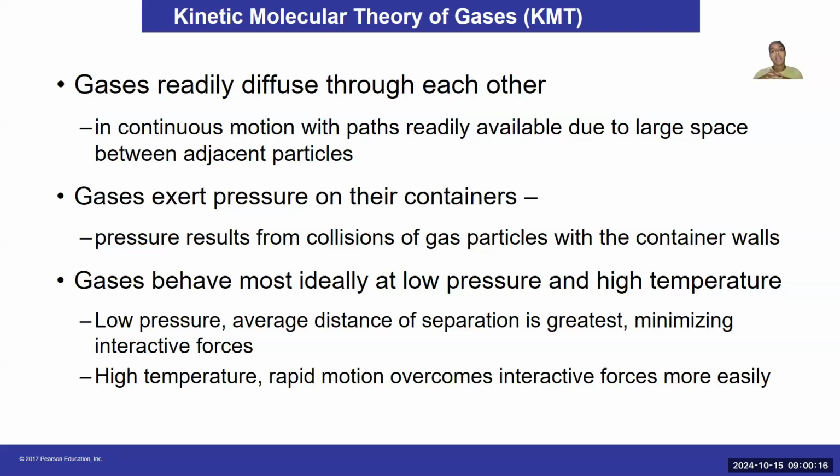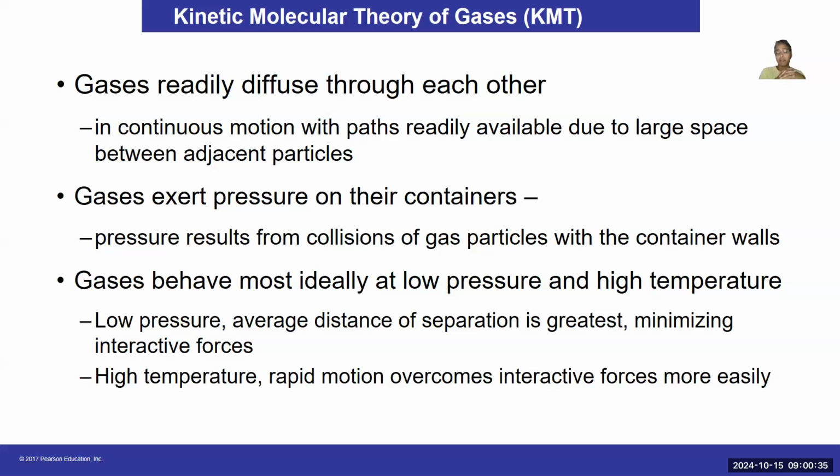So that means that if there's low pressure being exerted on a sample of gas, then that gas has enough room to expand and it can move freely and be independent of other gas molecules, right? If the temperature is high, it can move really fast.